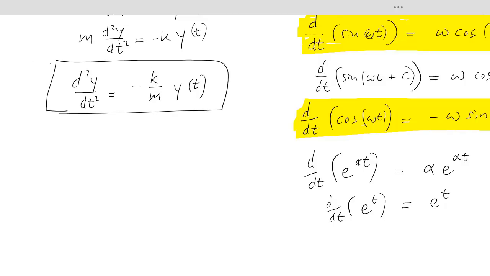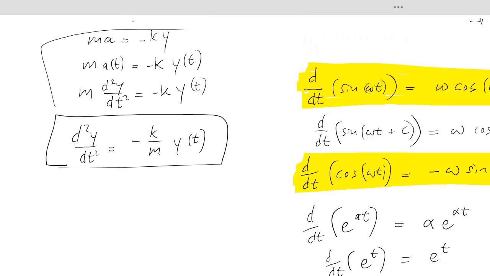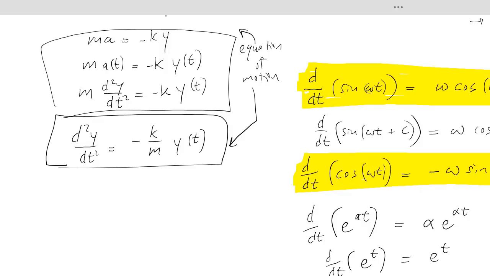This specifically, actually all of these, is the equation of motion for the spring pendulum. They're just different ways of putting it. They're all the same thing. What they tell us is they give the constraints for the position function when we consider the first and the second derivative of the position function. So that's our equation of motion for this.